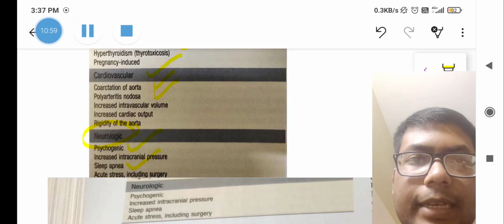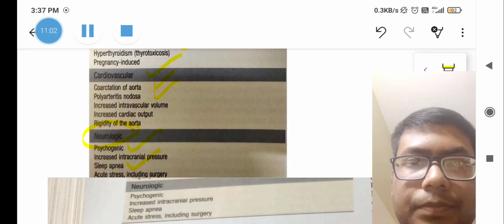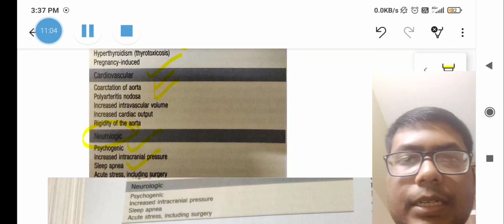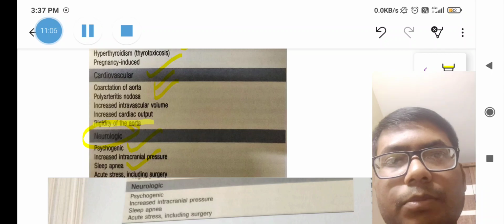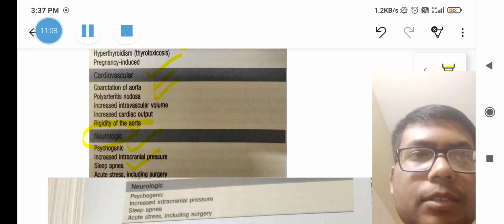And also acute stress and surgery. Rigidity of aorta is also very important, which is seen in old age hypertension.